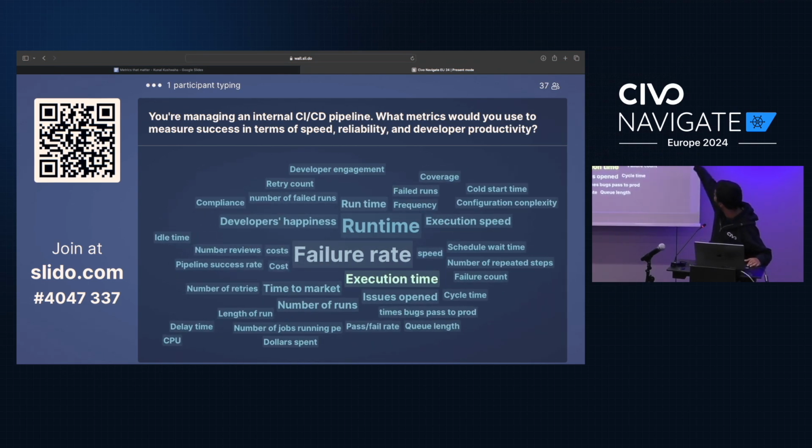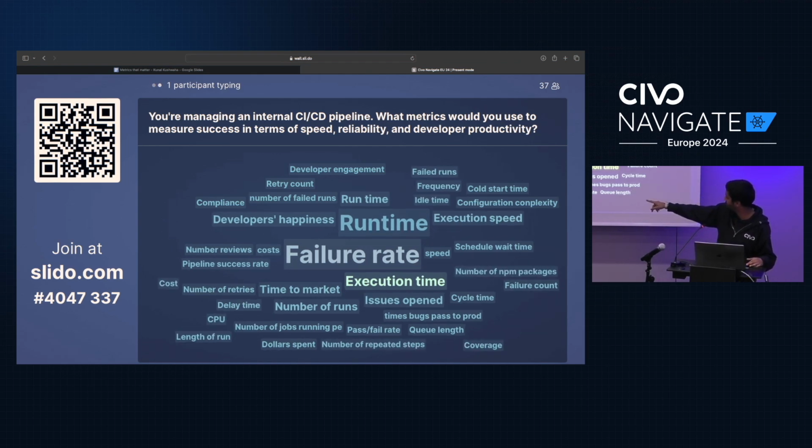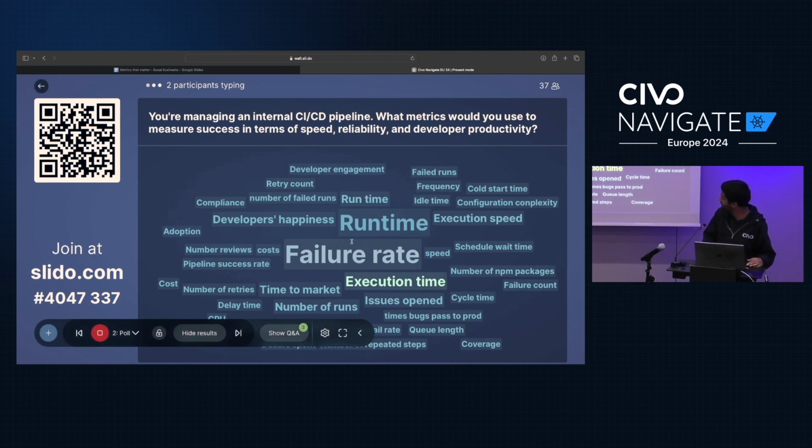Configurational complexity, that's nice. Pipeline success rate. So I'm seeing costs, runtime, execution time. Mainly I'm seeing runtime, failure rate, and costs. But also bugs passed to prod, number of jobs running, number of repeated steps, coverage. All right, that's good. This is nice. Last one, we have one more left.